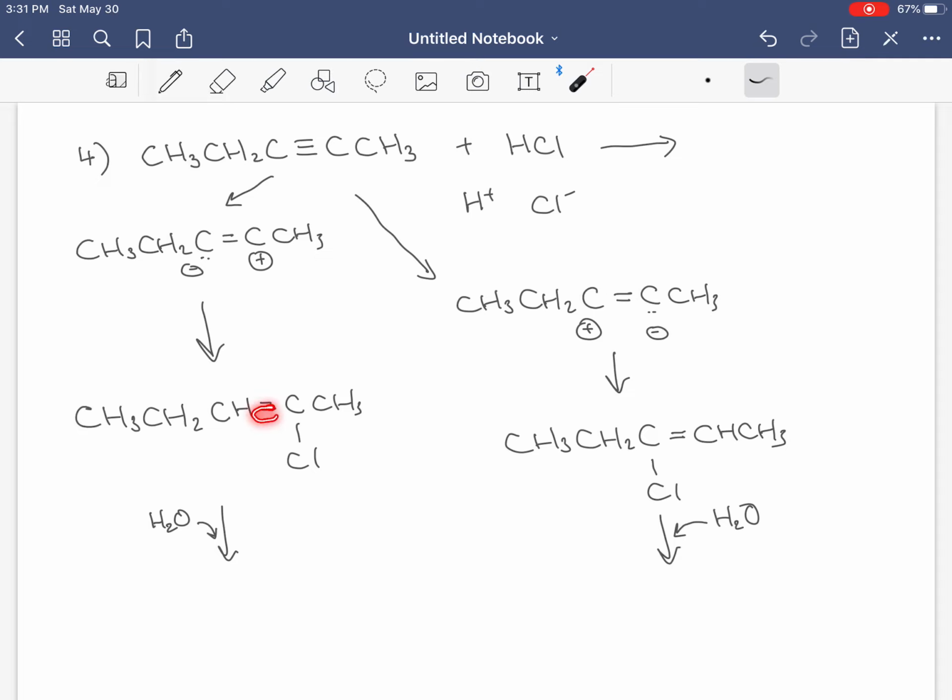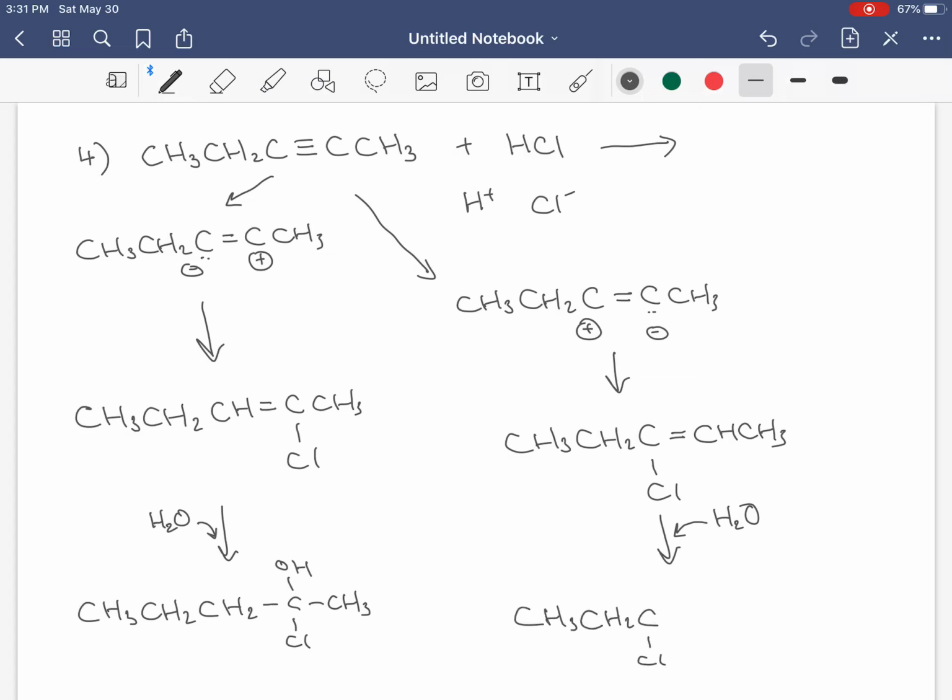Because when this bond breaks, this carbon and this carbon have money, and money will go where money is. So this will be your product. This will be your other product.